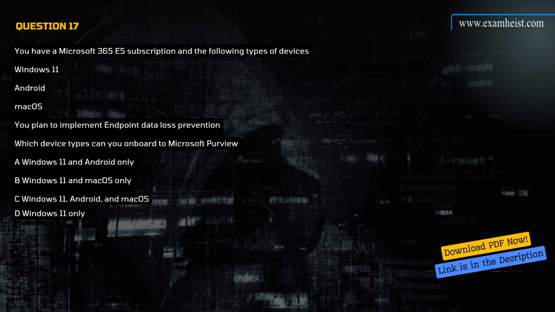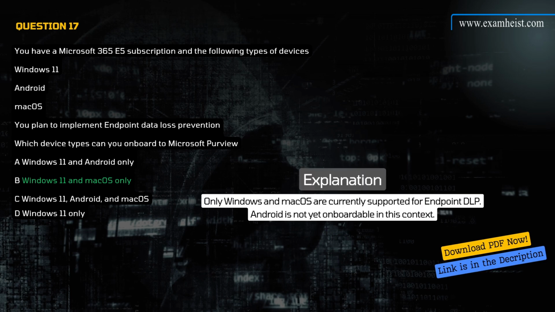B. Windows 11 and macOS only. C. Windows 11, Android, and macOS. D. Windows 11 only. Correct answer is B. Explanation: only Windows and macOS are currently supported for endpoint DLP. Android is not yet onboardable in this context.